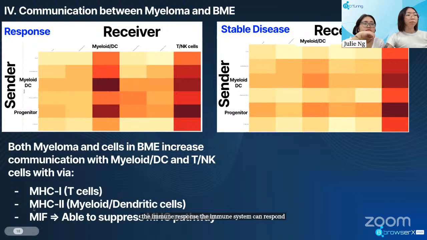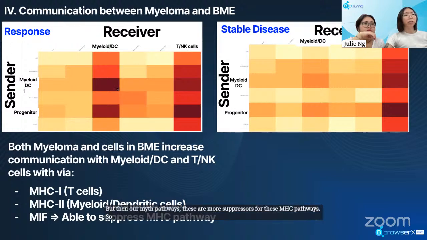But our MIF pathways are more suppressors for these MHC pathways. So in our response group, we see more interactions in myeloid and dendritic cells. However, in our stable disease group, we don't really see that as much.